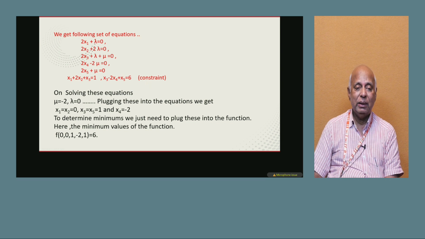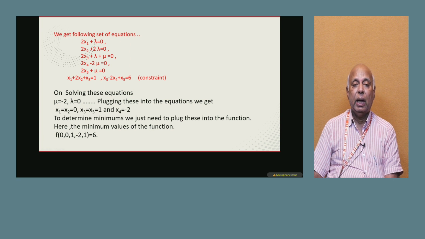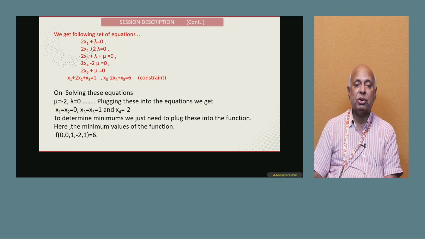Solving for all these, ultimately lambda is 0 and mu is minus 2, which gives us x1, x2 is 0, x3, x5 equal to 1 and x4 is equal to minus 2. That means the functional value is 6. So this is another illustration of applying the Lagrangian multiplier with more than one constraint.